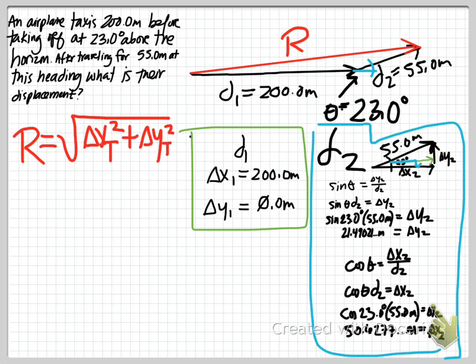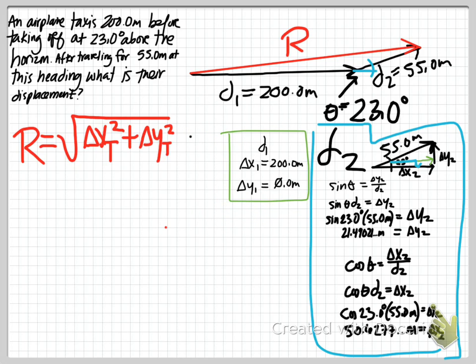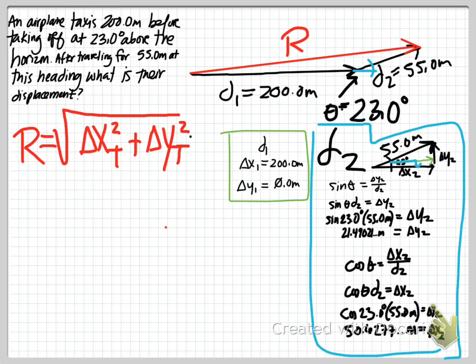And it's really helpful to write that for yourself, because as you're going back through all of this, it's nice to be able to look at your breadcrumb trail. Very often this is the first thing I write down, because it reminds you that you have to find delta x total and delta y total. I sometimes will get really crazy and use 5 different colors. So delta x total equals delta x1 plus delta x2.